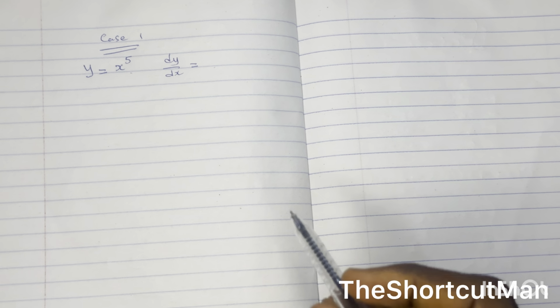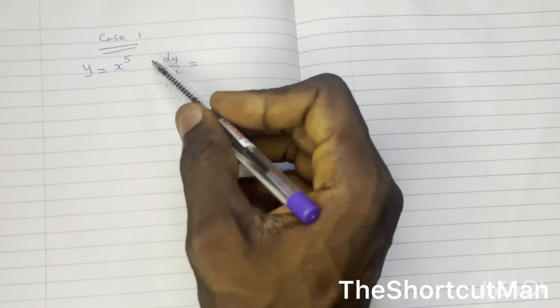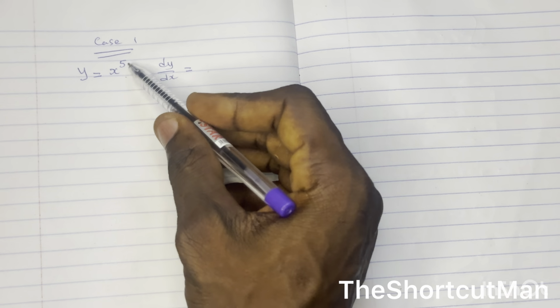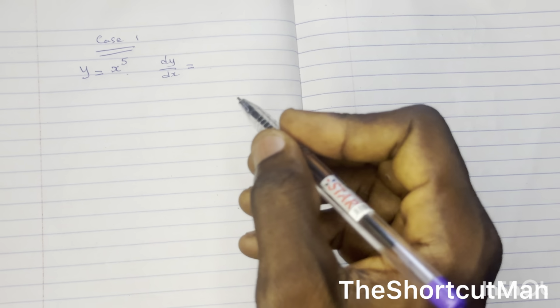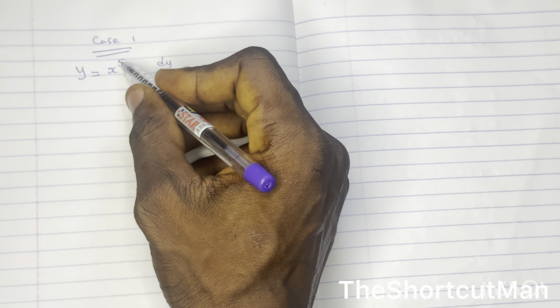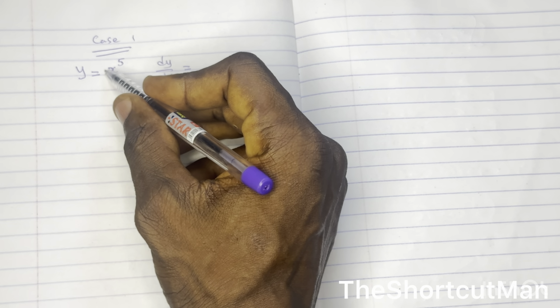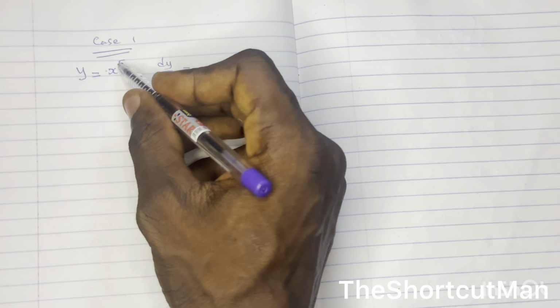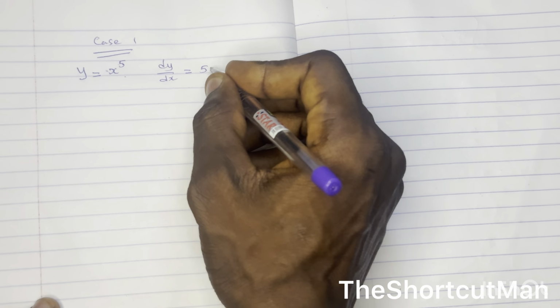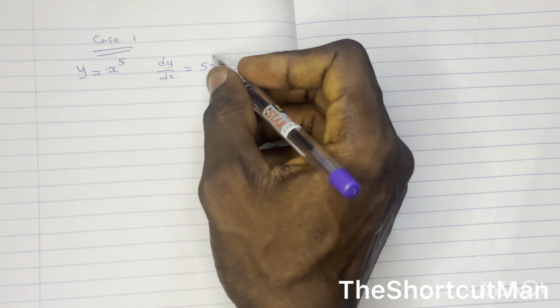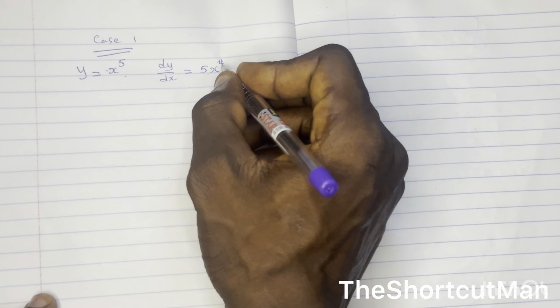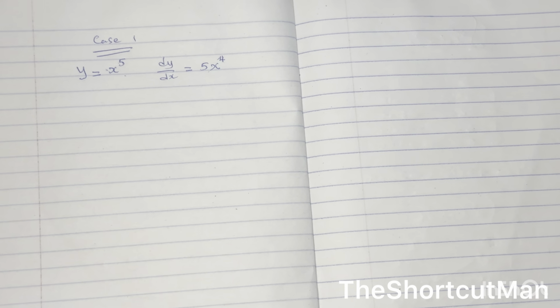Differentiation says you multiply the power by the coefficient, then subtract 1 from the power. What's the power here? That's 5, and the coefficient is 1, so 5 times 1 is 5. Then x raised to the power 5 minus 1 gives us 4. That is the basic way of differentiation.